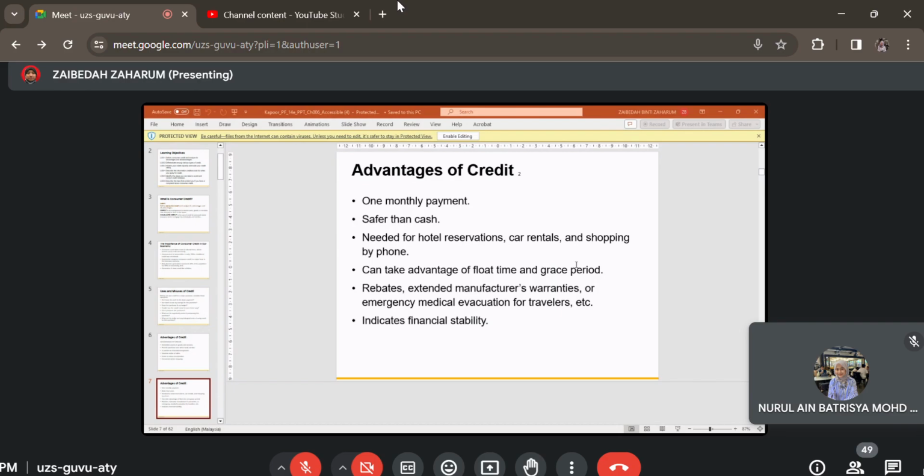Next one, the last one, okay, ialah kata indicates financial stability. Okay, di mana kat sini responsible use of credit card reflects positively on an individual's financial stability and creditworthiness.